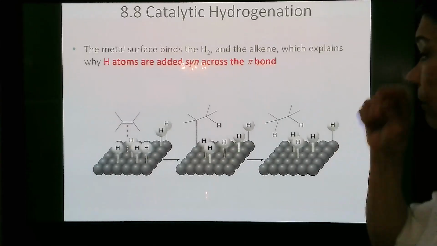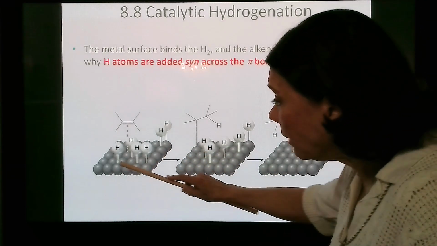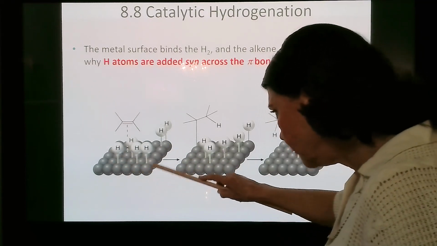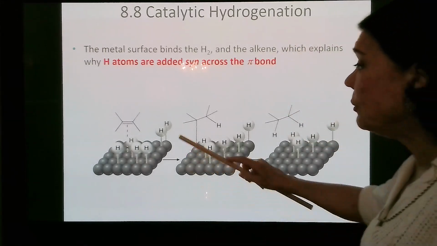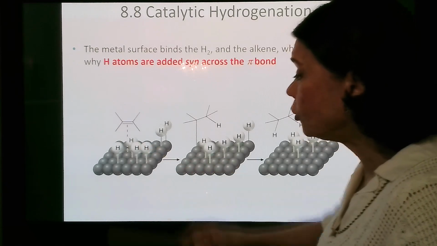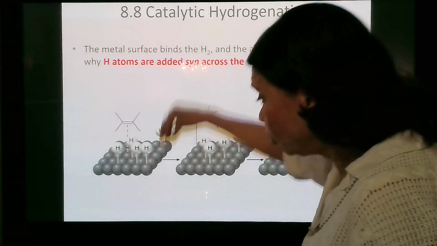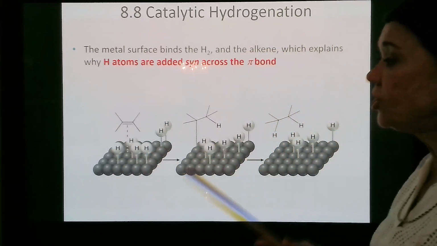So this sort of depicts what is happening in catalytic hydrogenation. So here's the metal, all of these dark gray marbles down here. And now you've got hydrogen. This was H2, H2, H2. And so H2 has become adsorbed onto the metal, and it's just sitting there.